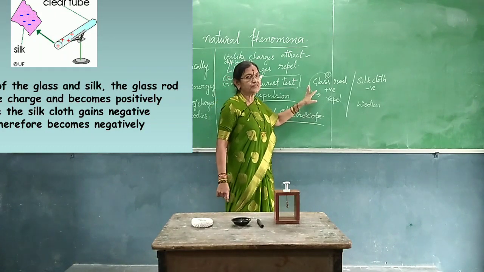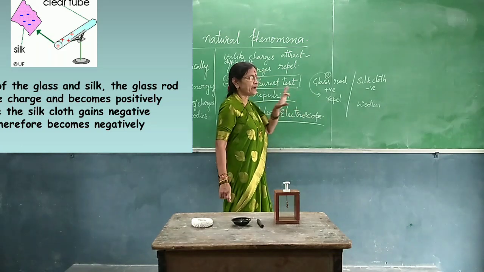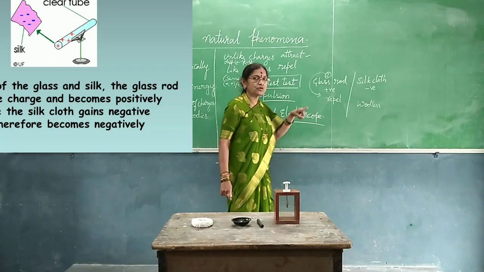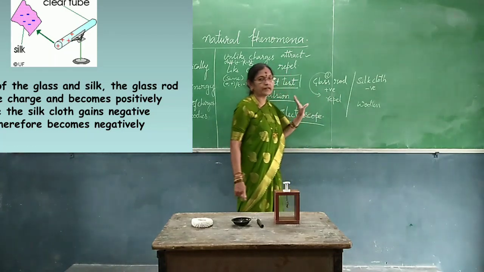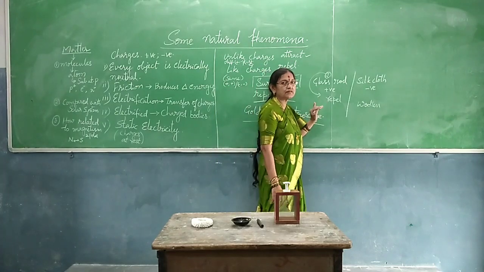This is the experiment for you to do. Suppose you have taken one glass rod and another ebonite rod, one rubbed with silk cloth, another with woolen cloth, and bring them near, they will attract each other.